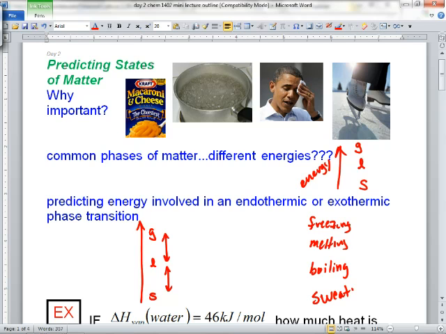Sweating. How about sweating? Rebecca, endo or exo? Going from what state to what state when you're sweating? Anybody help her?